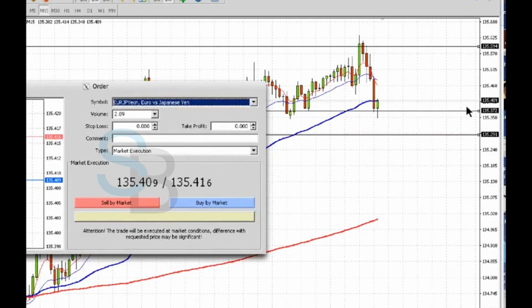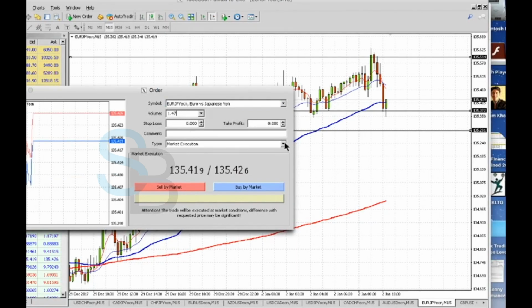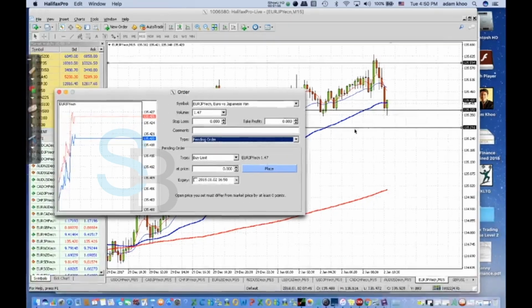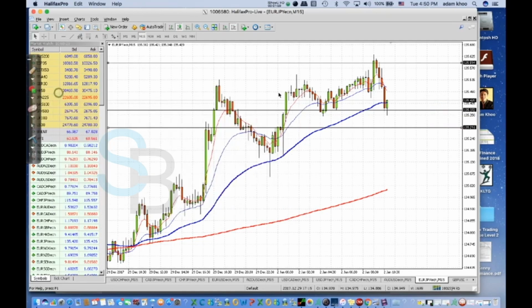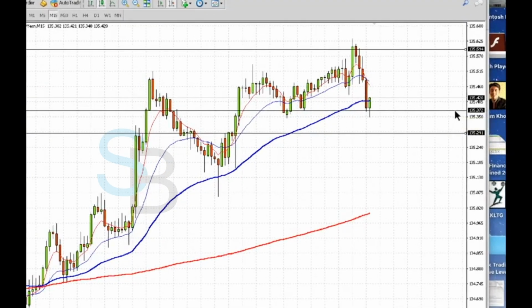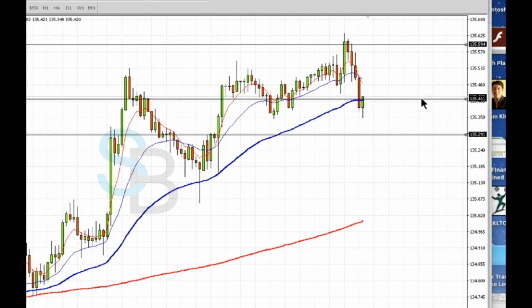So I could put a buy order, 1.47. Hold on a second, let me take a look again. The buy order, we could place right at that 50 moving average, right? That's fine.